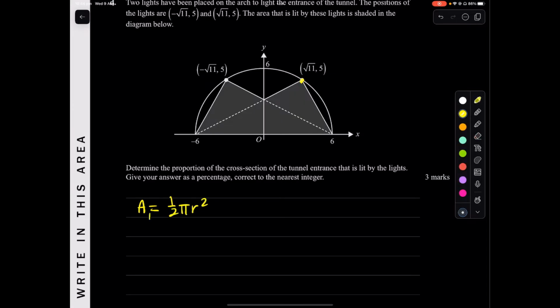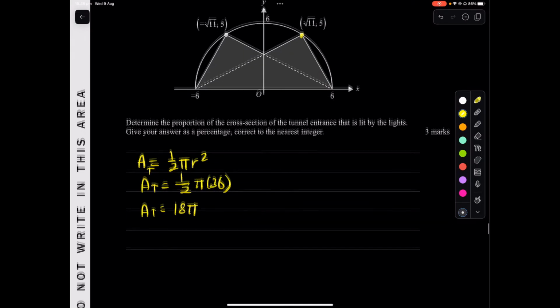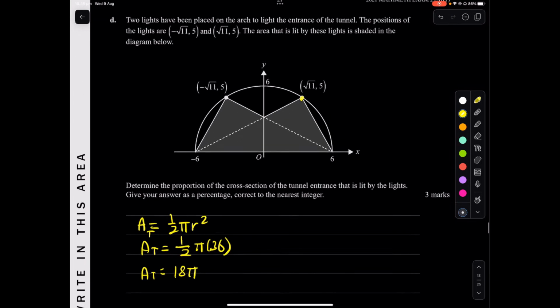So let's write AT. AT equals 1 over 2 pi, and 6 squared is 36. So AT is 18 pi. That's your total area.